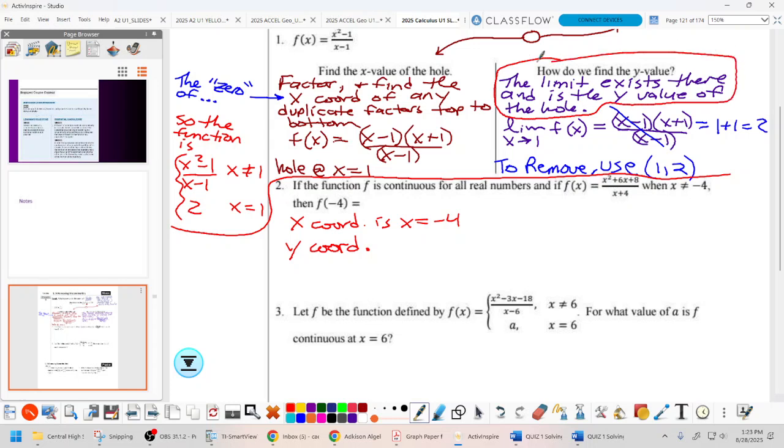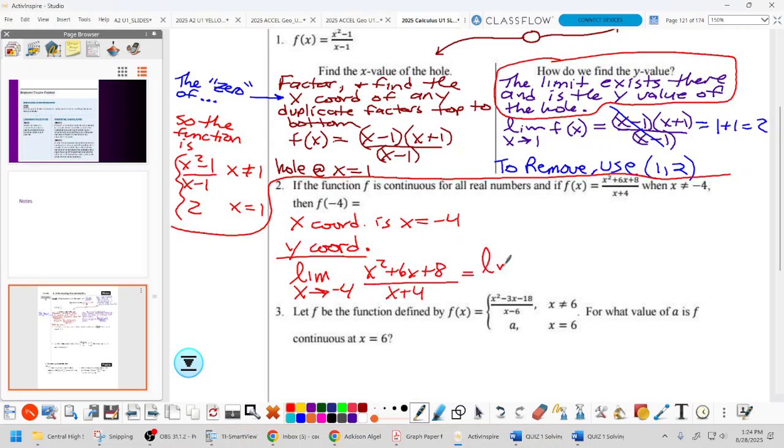If we have a hole, that will always be true. Finding the hole. Finding the limit at that point. Is that what you mean? Okay, well, I want everybody to be super specific. So we need to write it out as limit as x approaches what? -4 of x squared plus 6x plus 8 over x plus 4.